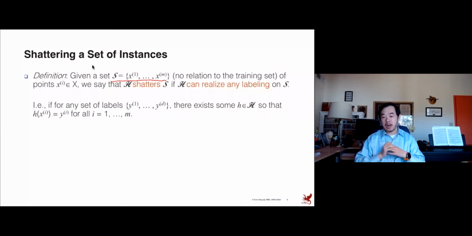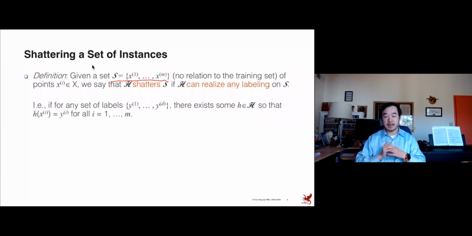Then you are allowed to label these M points arbitrarily, any way you want. And you challenge me: can you use your hypothesis space to resolve all the ways that I can label the data?